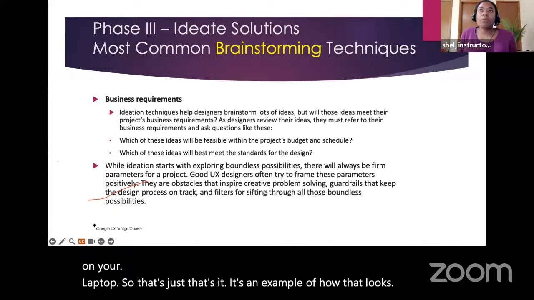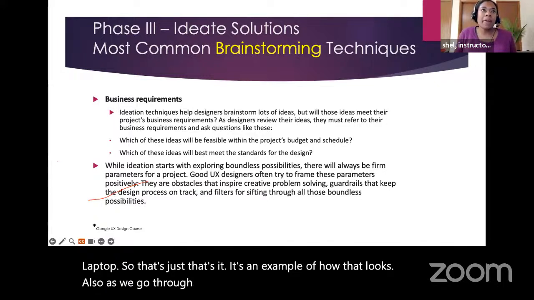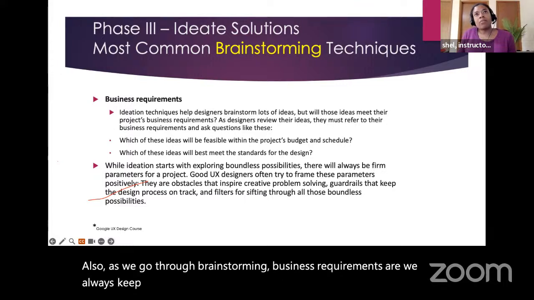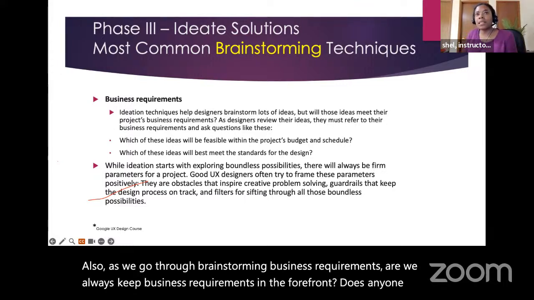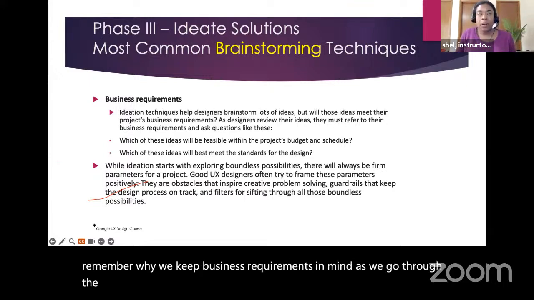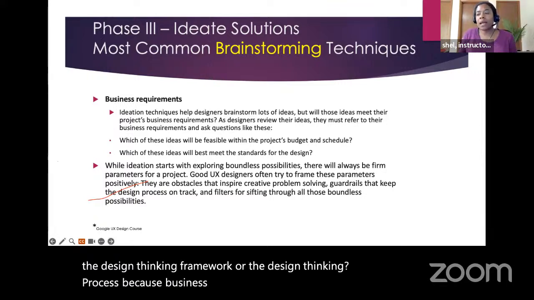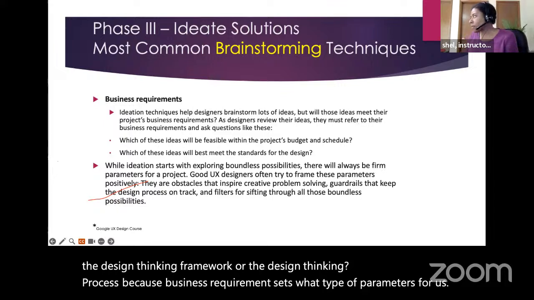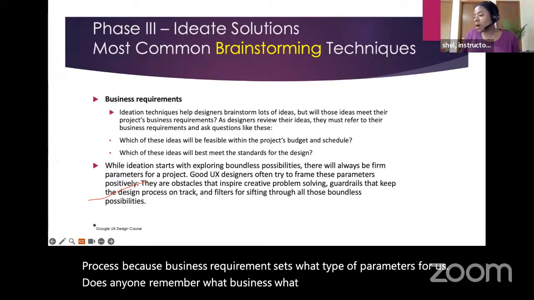Also, as we go through brainstorming, we always keep business requirements in the forefront. Does anyone remember why we keep business requirements in mind as we go through the design thinking process? Because business requirements set what type of parameters for us? Does anyone remember what the business requirements are?